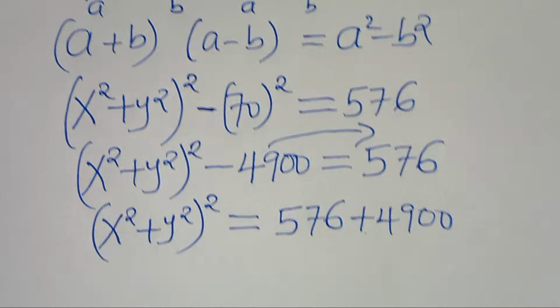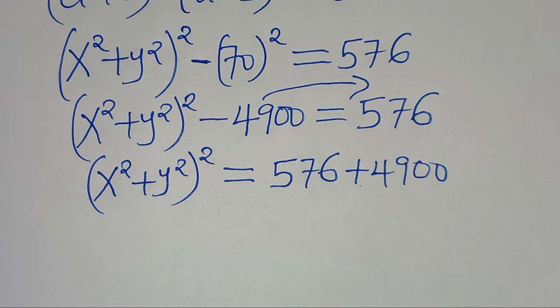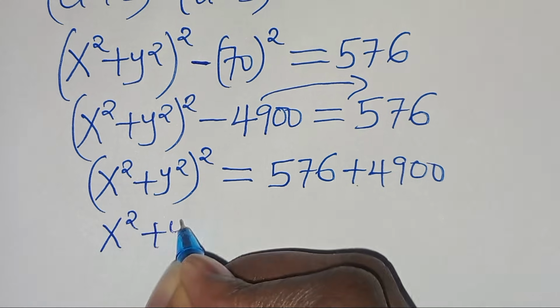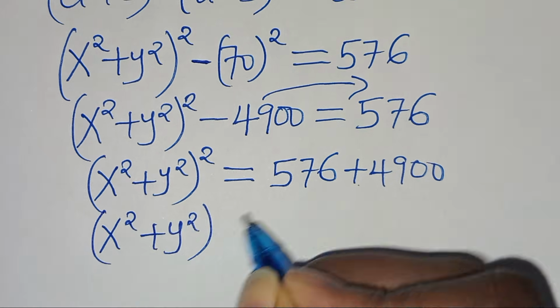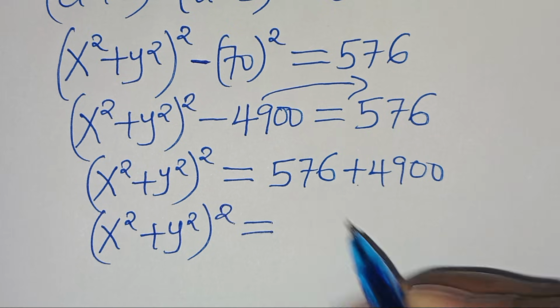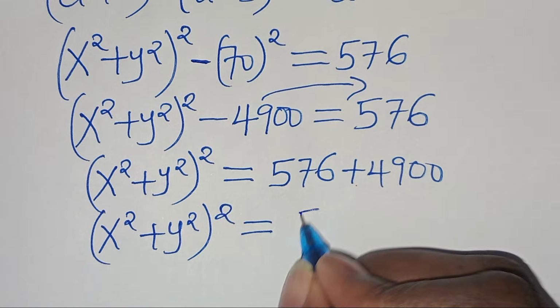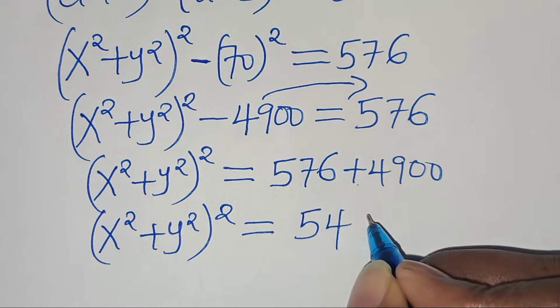Now, the next step from here, x squared plus y squared raised to the power of 2 is equal to 576 plus 4900, which is equal to 5476.